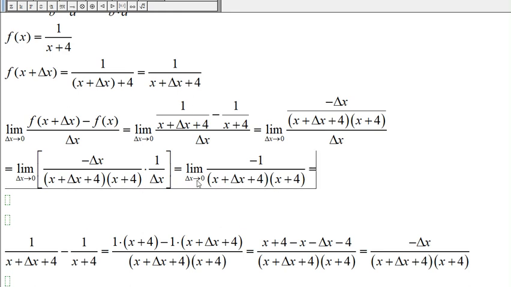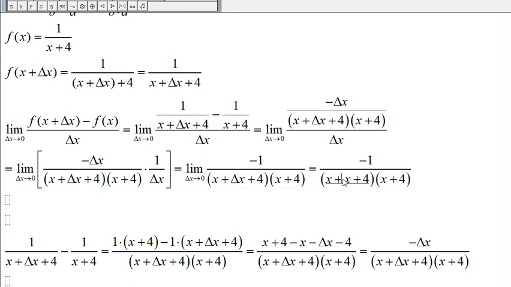And now we let delta x approach 0. Then we get a 0 right here, and this just becomes x plus 4. And so we have x plus 4 times x plus 4, which is x plus 4 squared.